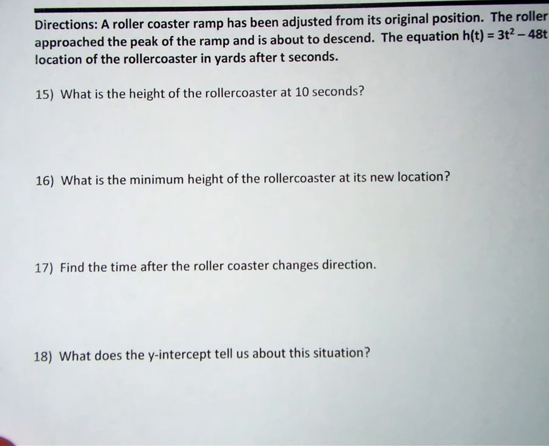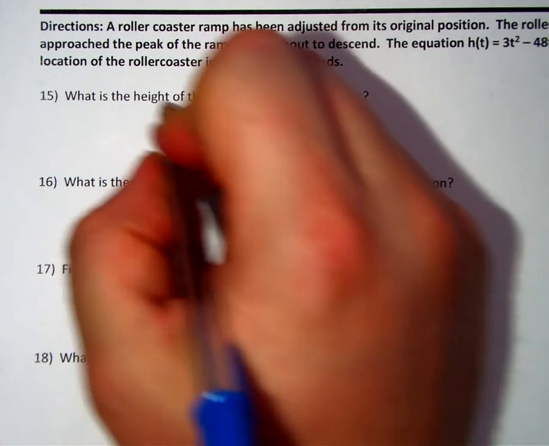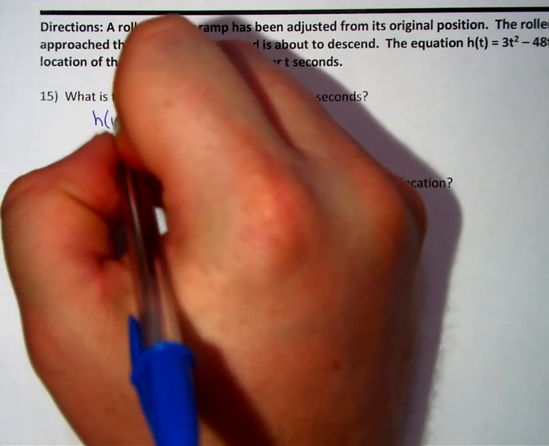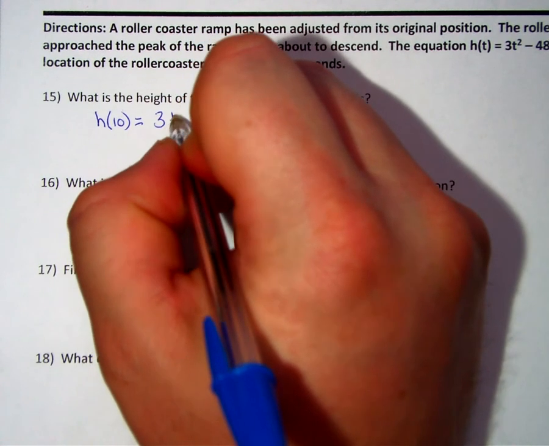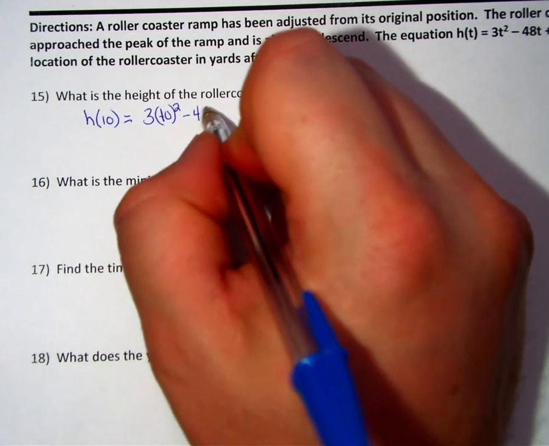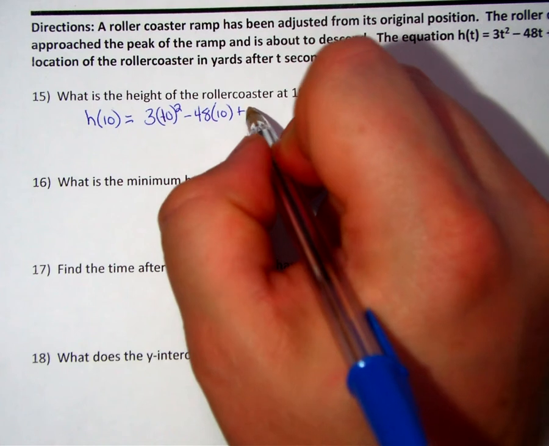So since our t represents our quantity of seconds, we can plug in 10 for t. So h of 10 is equal to 3 times 10 squared minus 48 times 10 plus 210.